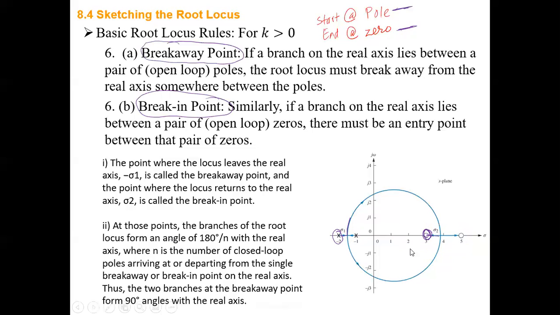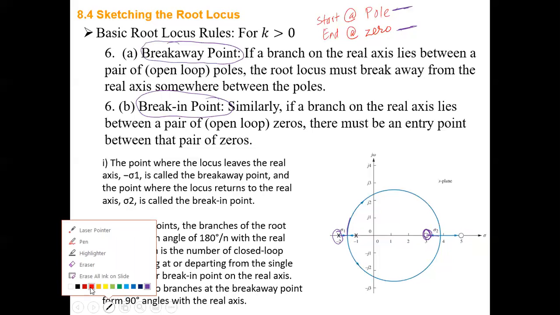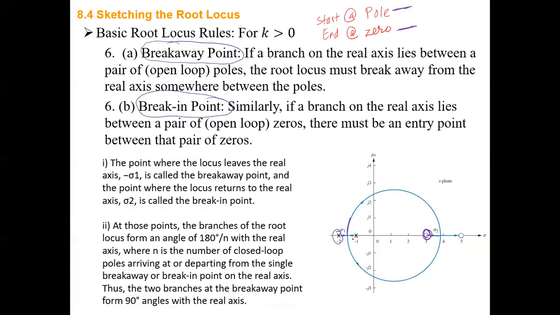Similarly, the other pole goes from here and goes here. So what is this point? Look, this guy goes from here and here it breaks away. One is going up, the other one is going down, meaning they are breaking away, right?